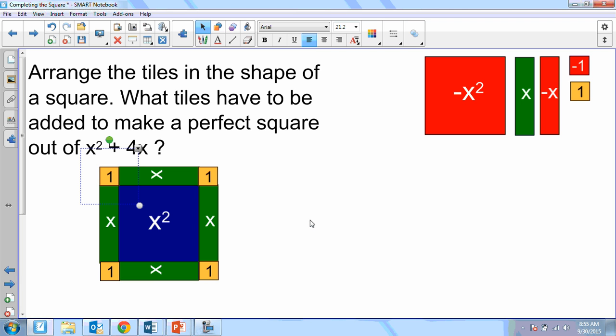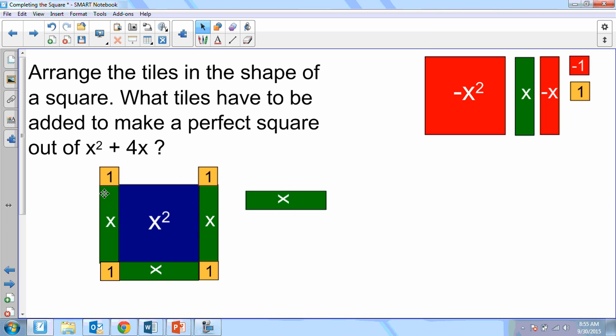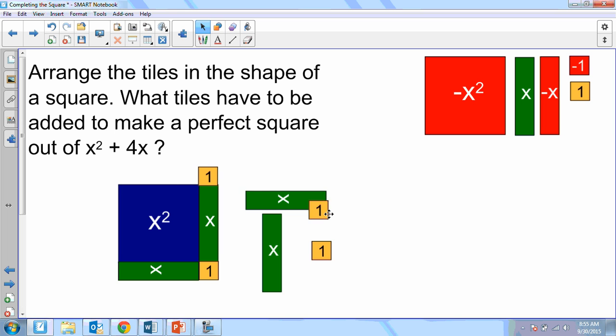Okay, so let's use this x squared as our corner piece, and can we arrange those same tiles in some way to the side and below in order to get a perfect square? What I need you to do is to have something like a bounding box here, because we want to be able to find the dimensions of this.